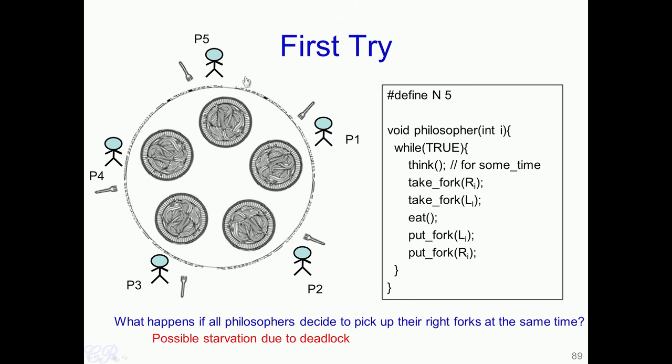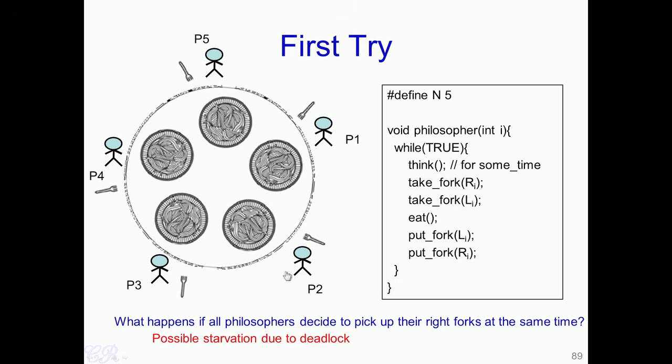Now, in order to eat, each of the philosophers has to pick up their left fork, and this could lead to a starvation. Essentially, P1 is waiting for P2 to put down the fork, so that he could pick it up.